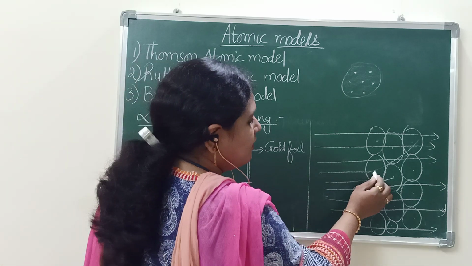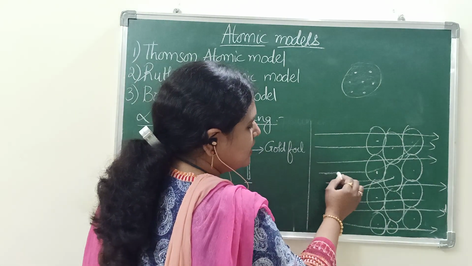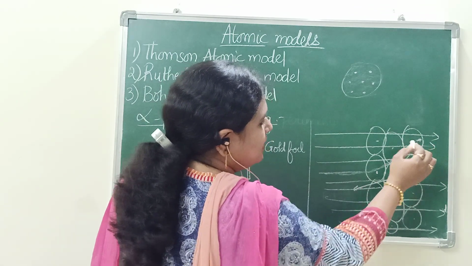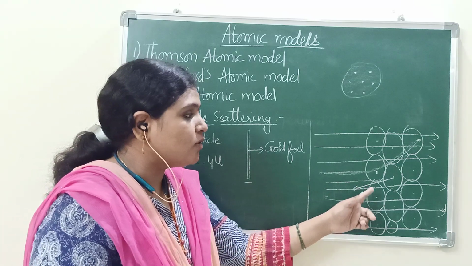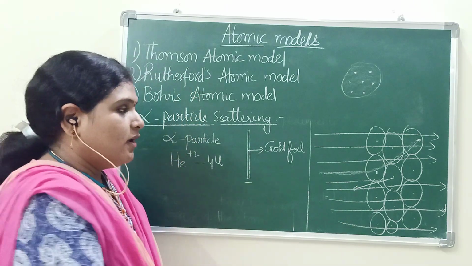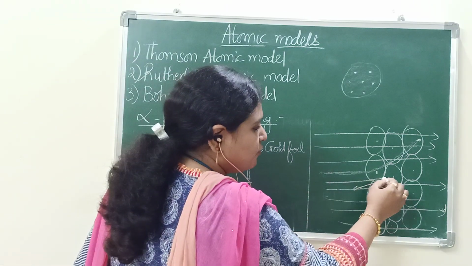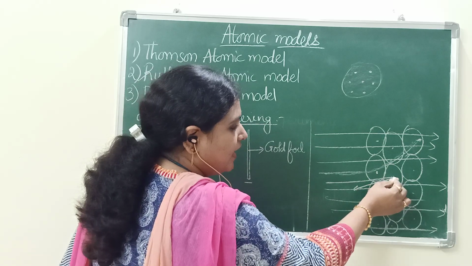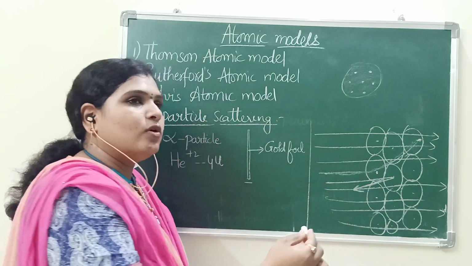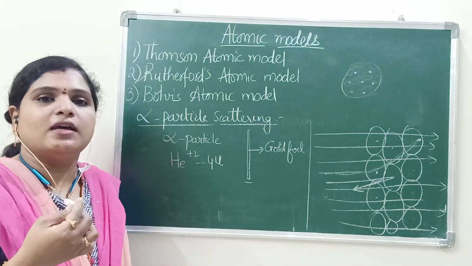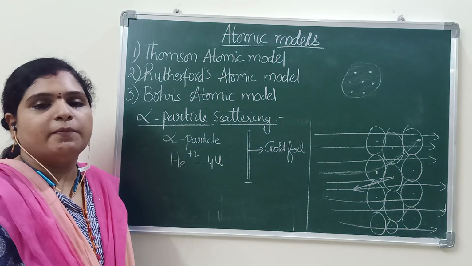See here, whenever a particle comes near the nucleus, it deflected at small angles. And 1 in 12,000 particles deflected at larger angles, almost reverted back in the same direction.